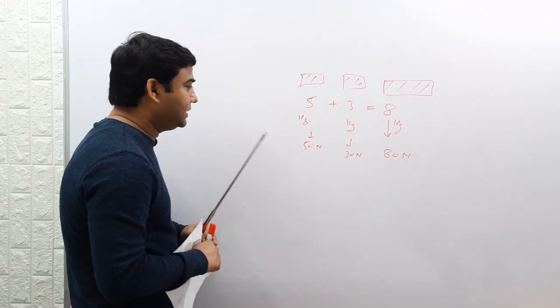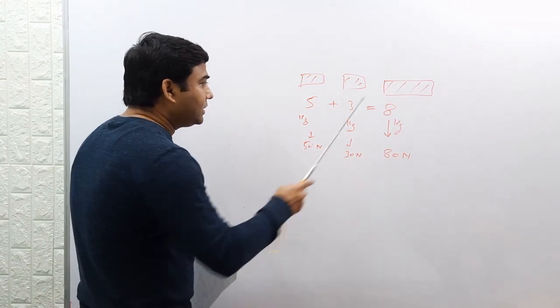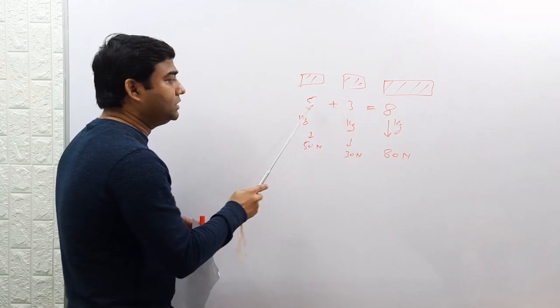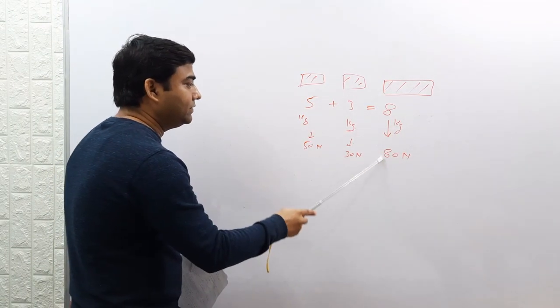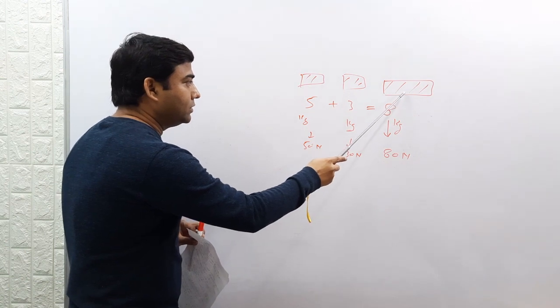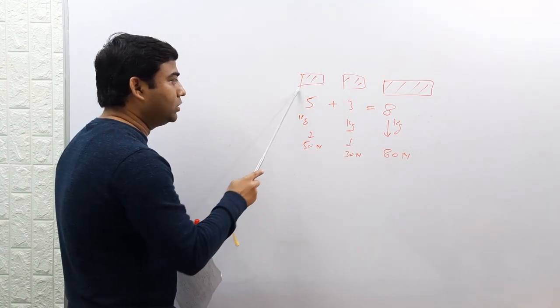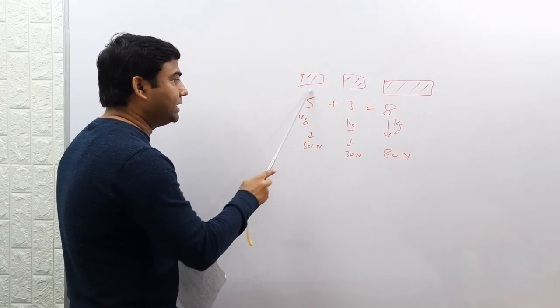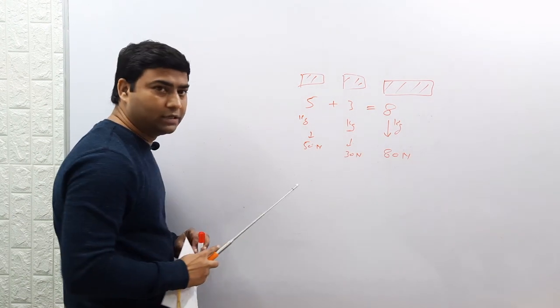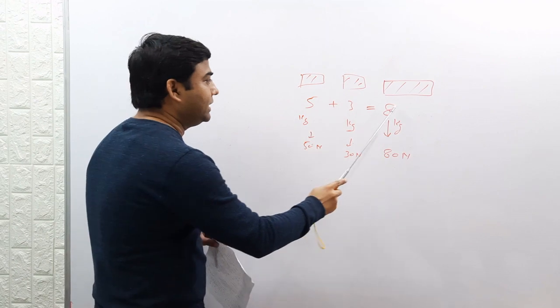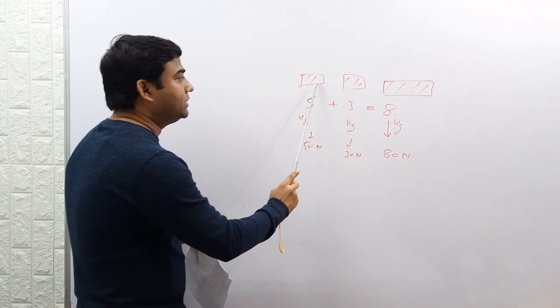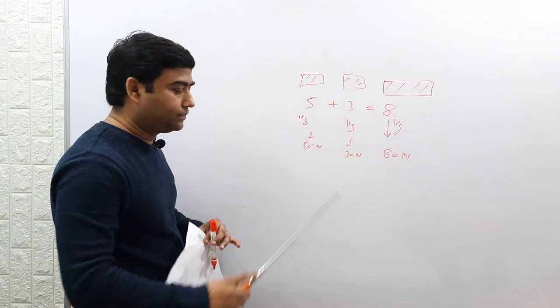So we can say this is the resultant mass of these two masses, because the net attraction due to gravity on this mass is equal to the combined attraction, that is 50 plus 30 Newton, on both these masses. So we say the 8 kilogram mass is the resultant mass of 5 and 3 kilogram.